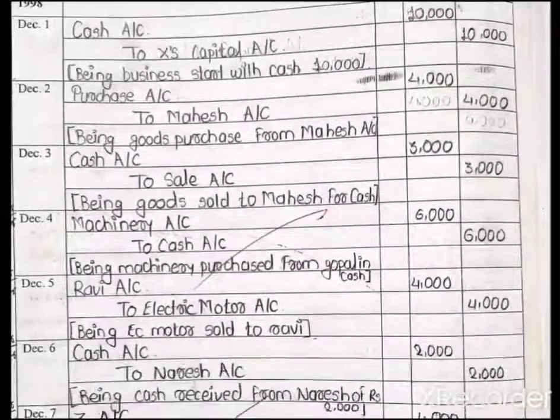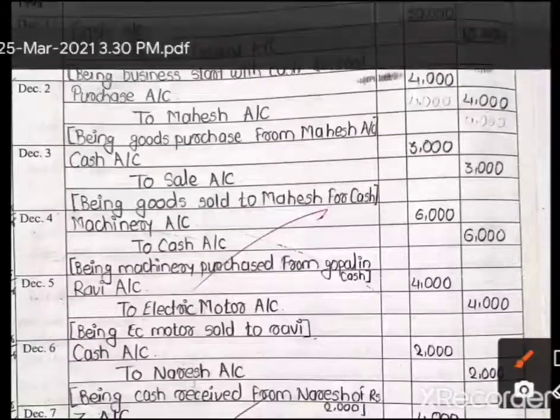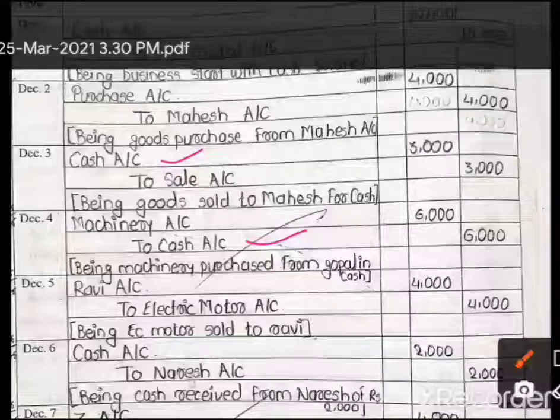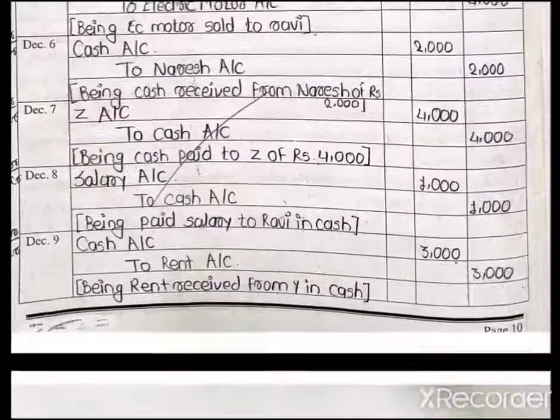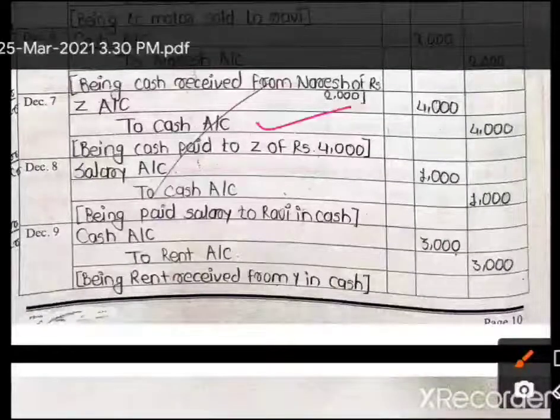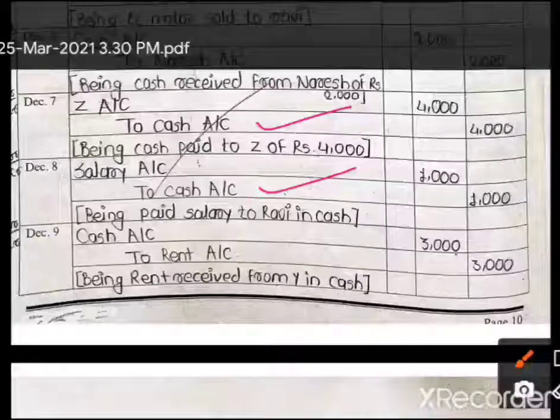So here you can see cash account. There is cash account again on December, then here also cash is debited. On December 4th cash is credited, on December 6th cash is debited. Then on the 7th of December again cash is credited, on the 8th cash is credited, and on the 9th cash is debited.